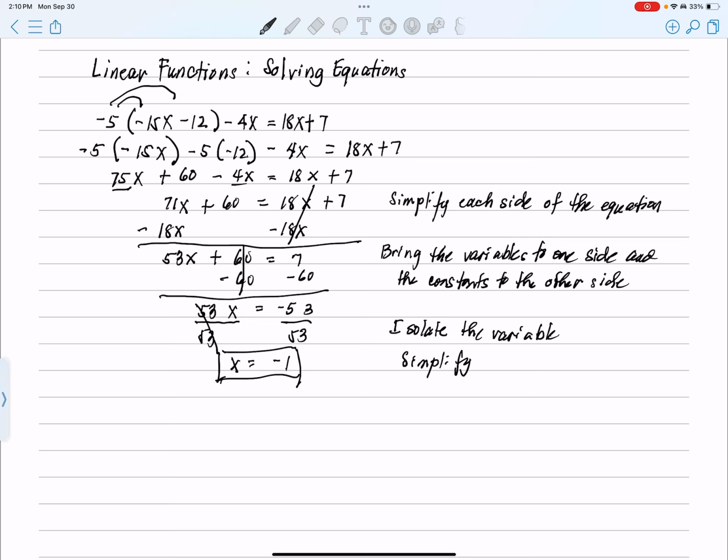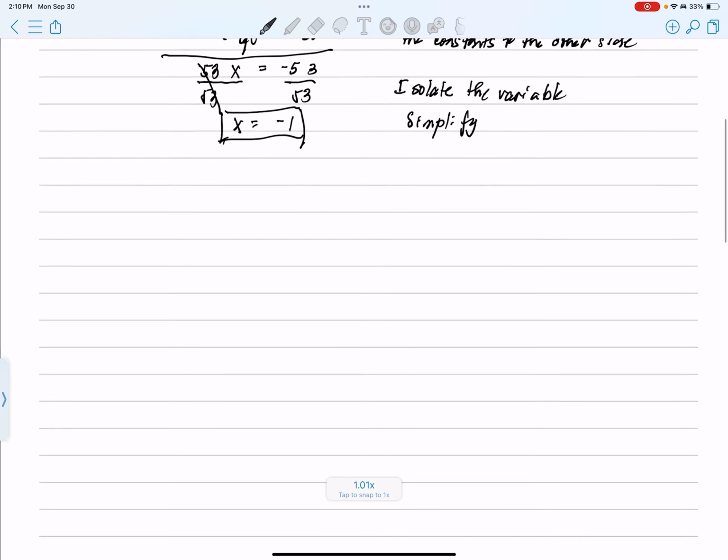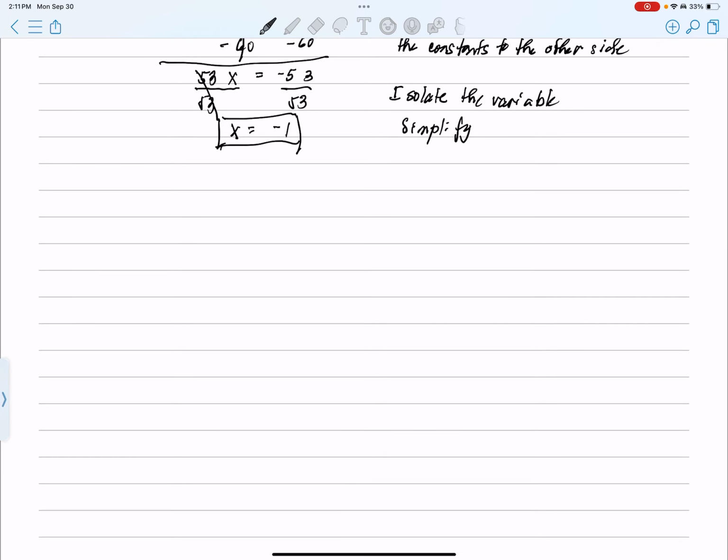How about if our equation has a fraction? Okay, let's do this. Fractions are somewhat a favorite of the student.